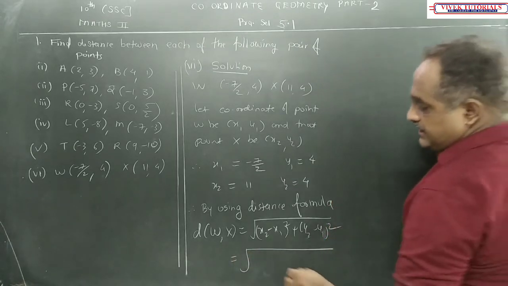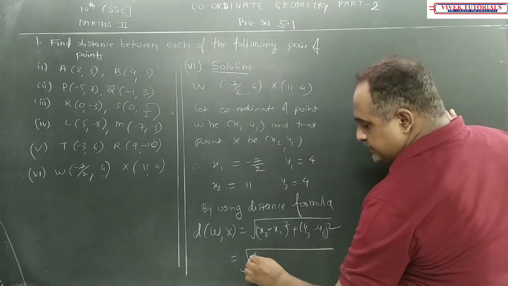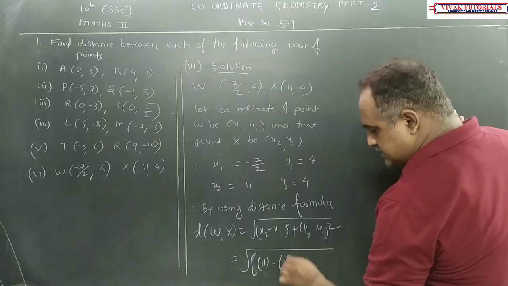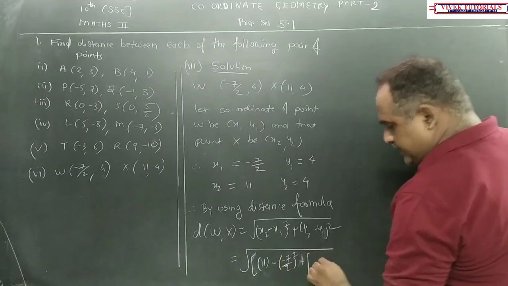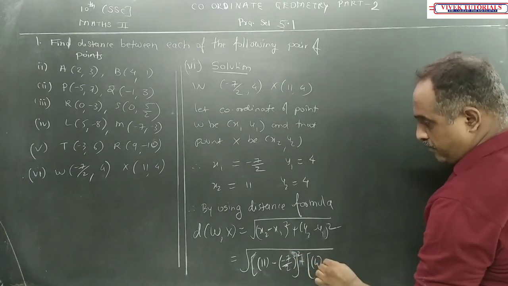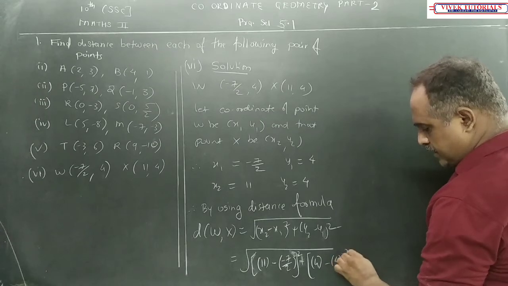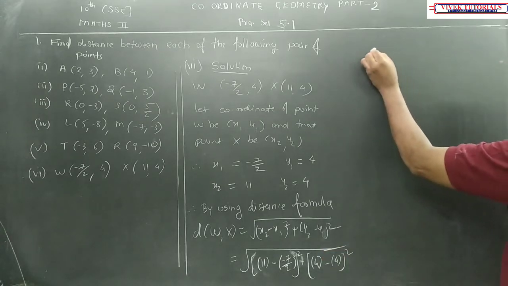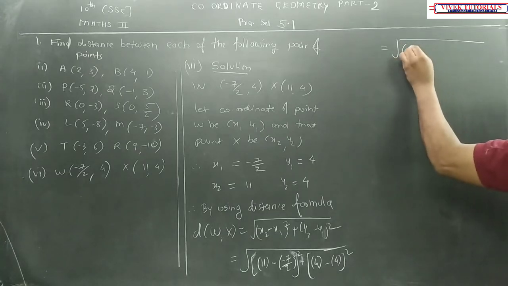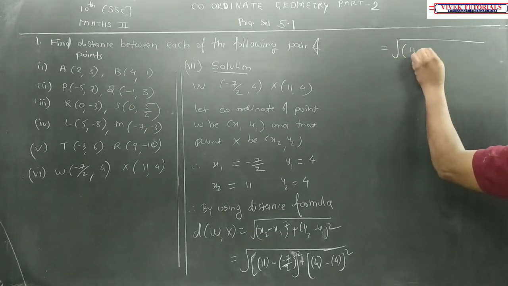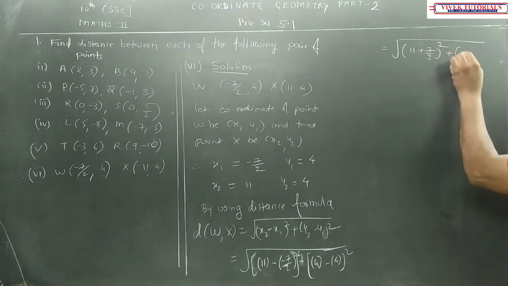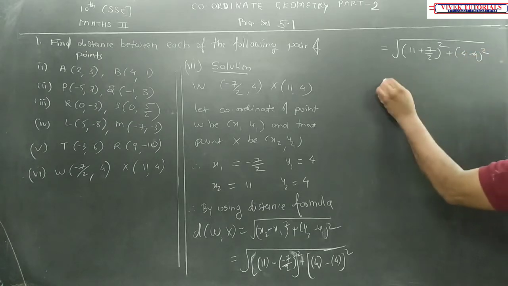Okay. Next, that is actually in square bracket 11 minus minus 7 upon 2 plus again in a box 4 minus 4 the whole square. That is equal to root of 11 plus 7 upon 2 the whole square plus 4 minus 4 the whole square.